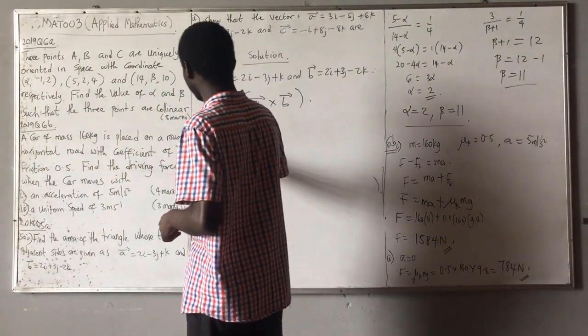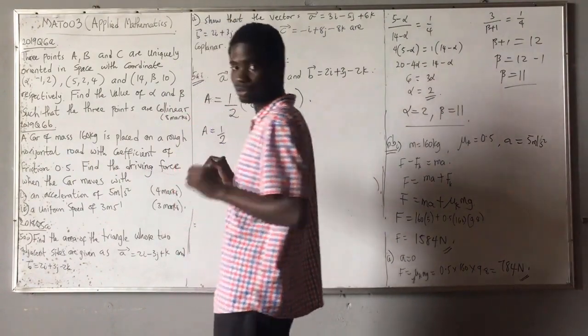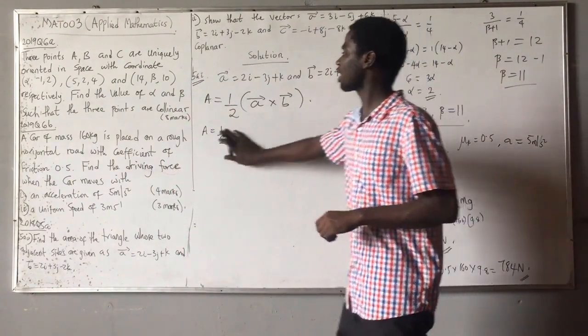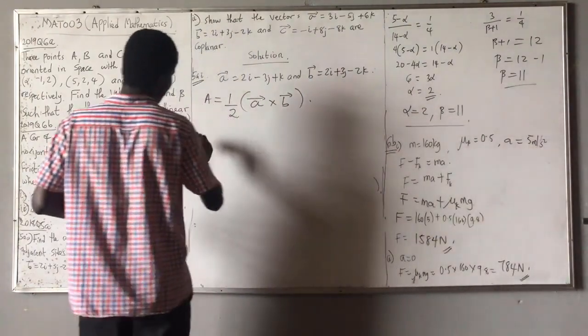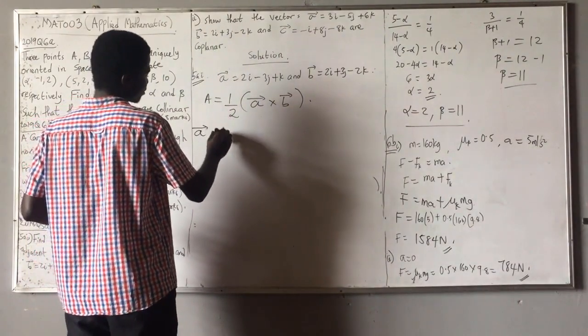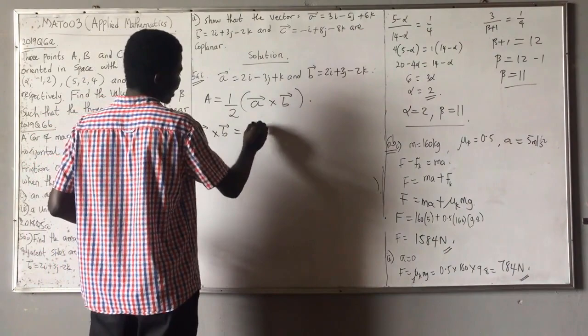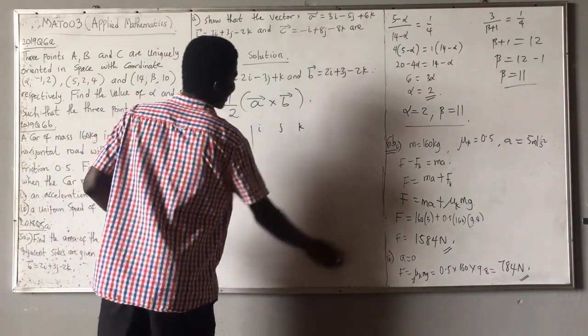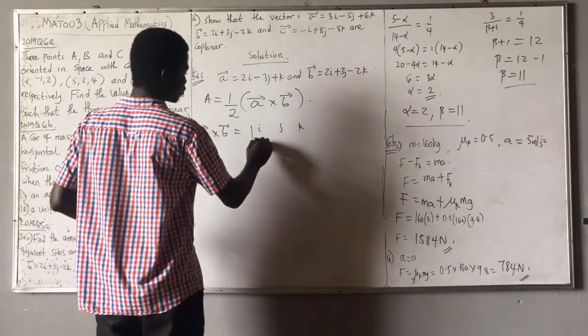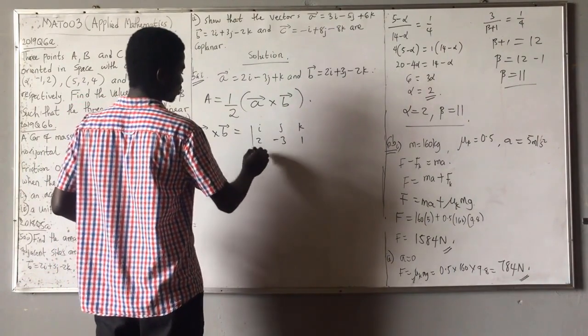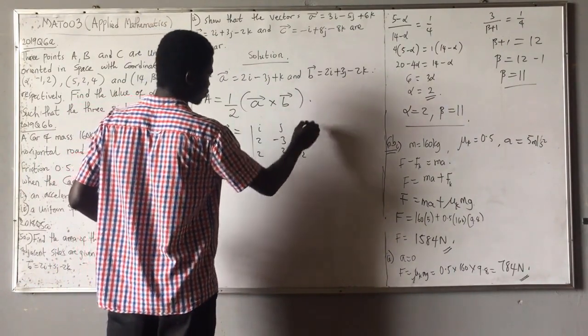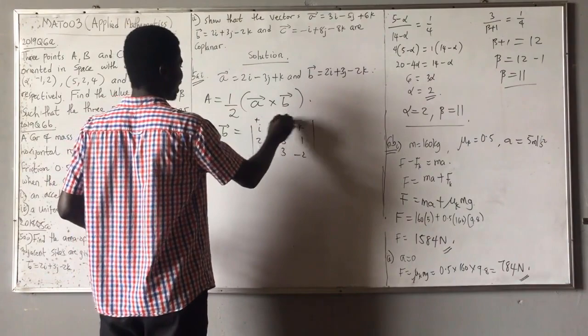Let's first find the cross product, A cross B. This is IJK, so I have 2, minus 3, 1, and 1, 3, minus 2. So this is plus, minus, plus.